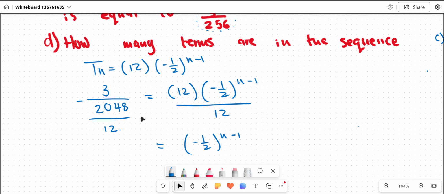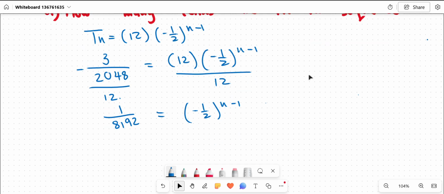And let's just check what that other side is on the calculator. So I end up getting 1 over 8,192. And at this point, I need to change that 8,192 into a base of 2. And again, why am I doing that? Because this is also a base of 2. So yes, let's change that.